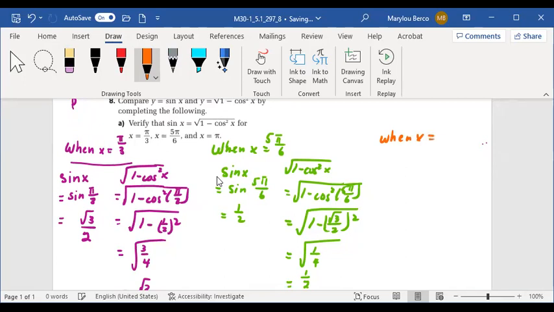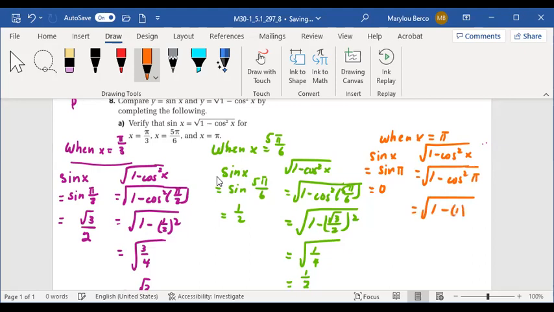When x equals pi, okay, we have sine x equals sine pi, which is 0. Then we have root 1 minus cos squared x is equal to the square root of 1 minus cos squared pi, which is equal to the square root of 1 minus 1 squared, which is also equal to 0.